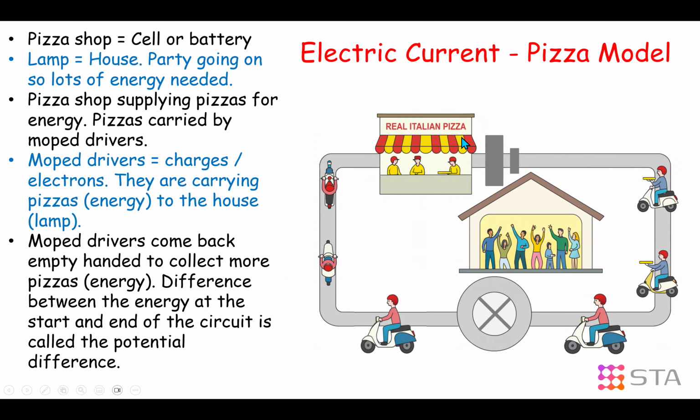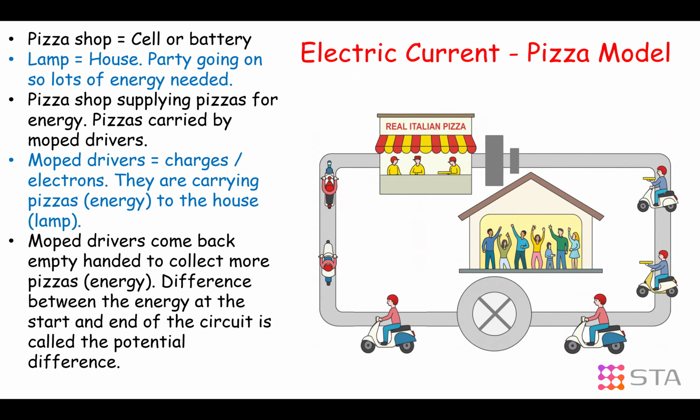They go from the pizza shop to the house, which of course is the lamp. In the same way, you have charges or electrons carrying energy from the battery, and they give it to the lamp.